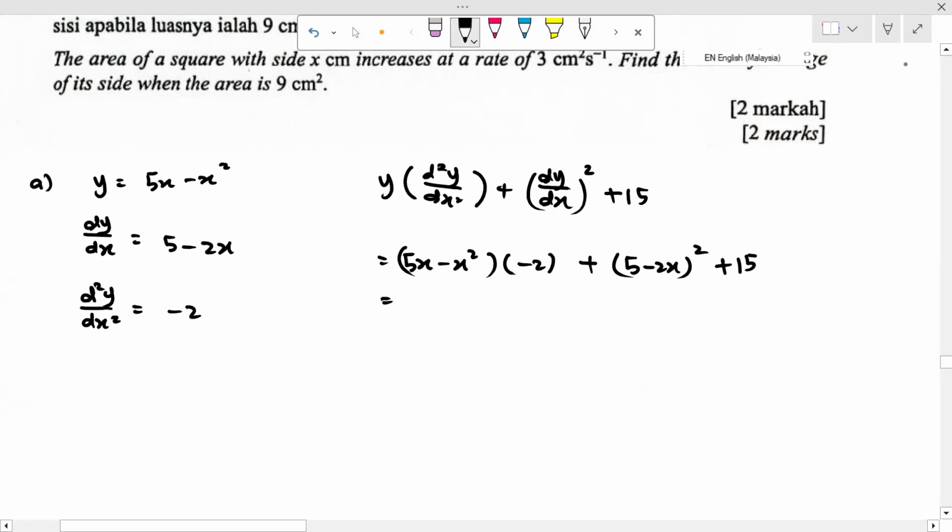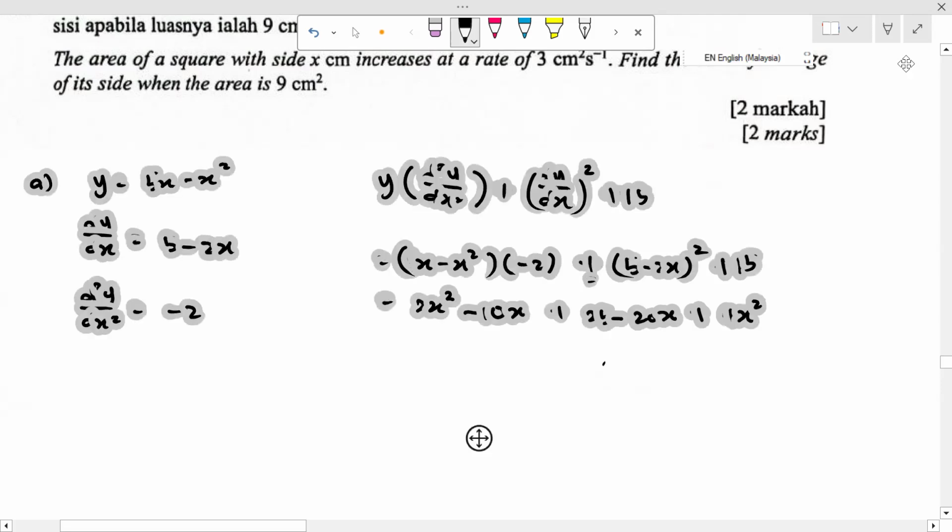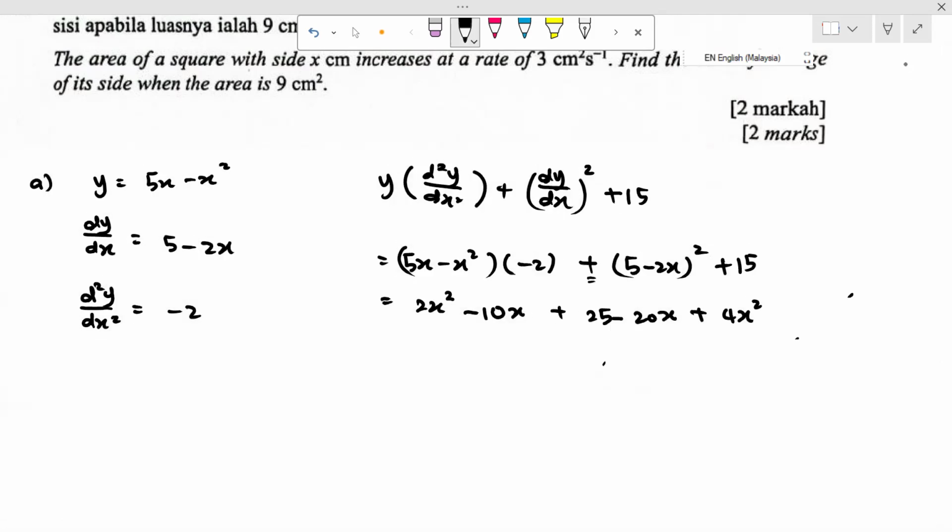Just substitution. Open up the bracket. We have 2x squared minus 10x. Over here, we will have 25 minus 20x, and then plus 4x squared. In front is positive, so you can safely open up the bracket, no need to worry about the negative sign.